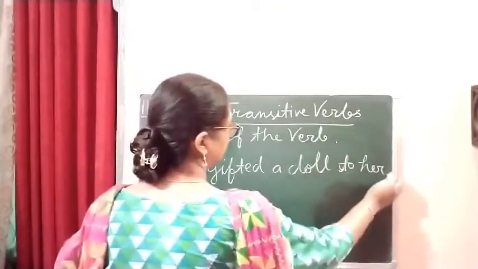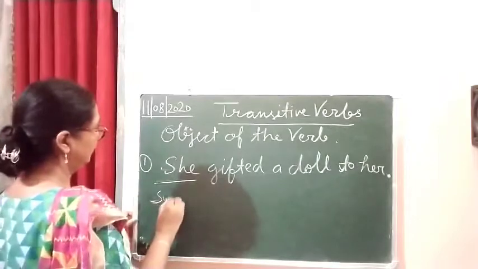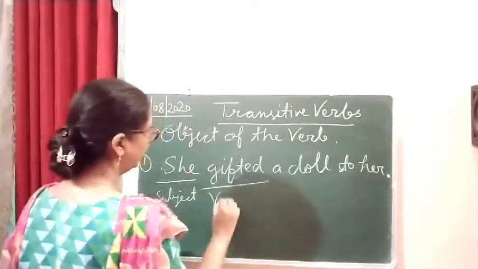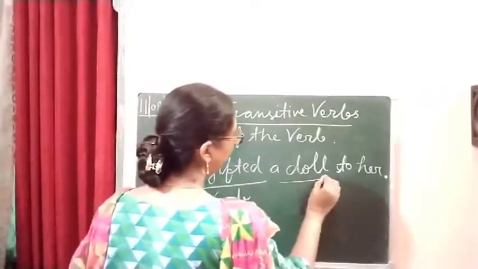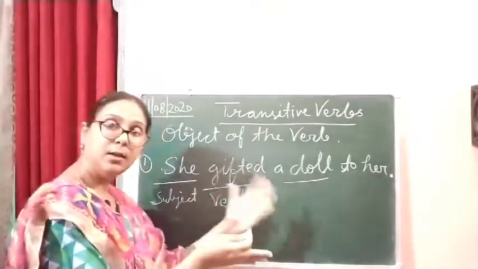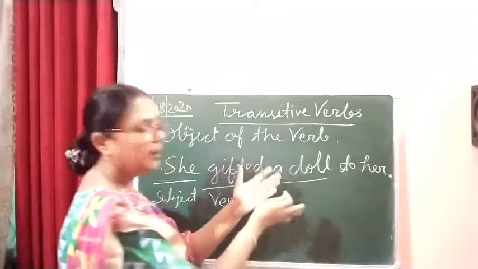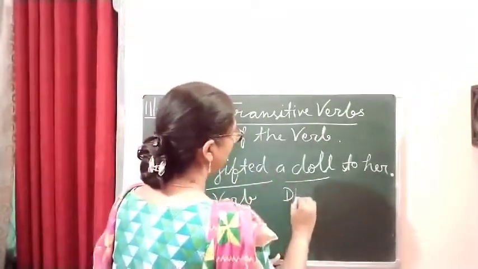Now here you can see, she, as you all know, is the subject. Gifted is the verb, or you can say the action. A doll: she gifted a doll. The action is directly done on the doll. So this is called the direct object.